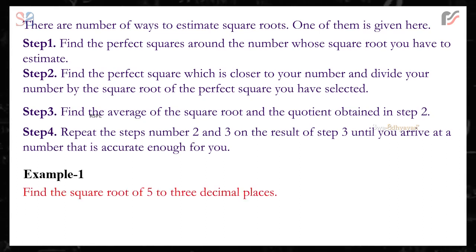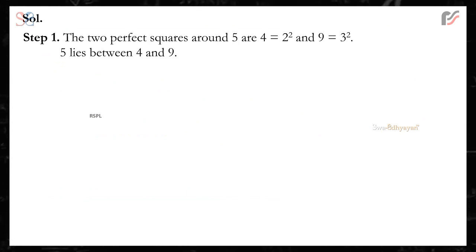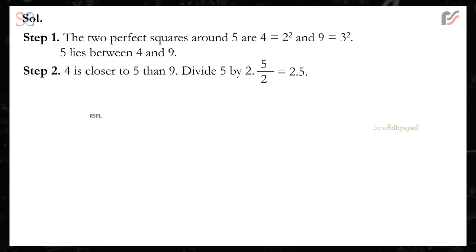Example. Find the square root of 5 to 3 decimal places. Solution. Step 1. The two perfect squares around 5 are 4, which is 2², and 9, which is 3². 5 lies between 4 and 9. Step 2. 4 is closer to 5 than 9. Divide 5 by 2. 5/2 is equal to 2.5.